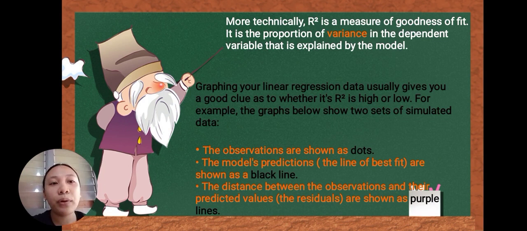For example, the graphs below show two sets of simulated data. The observations are shown as dots. The model's predictions, the line of best fit, are shown as a black line. The distances between the observations and their predicted values, or the residuals, are shown as purple lines.